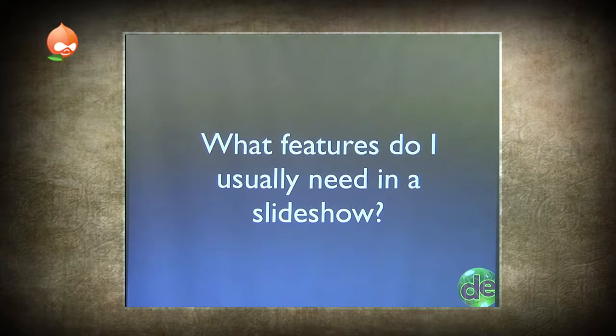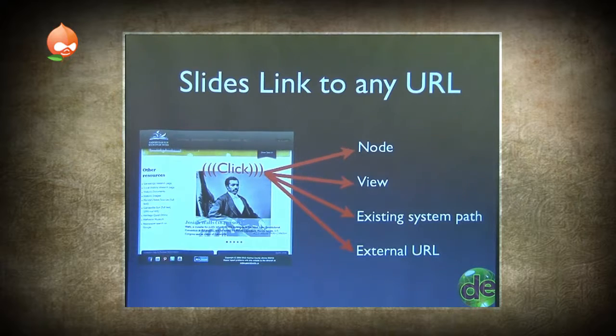What features do I usually need in a slideshow? And this is actually one of the biggest ones that a lot of time you don't think about up front. It's the ability for the user to click on a slide and to be sent to any URL. A lot of times if you're creating a slideshow and you're just attaching an image field to an article content type, then you're almost locking yourself in to that when someone clicks on that slide, they will go to that node.